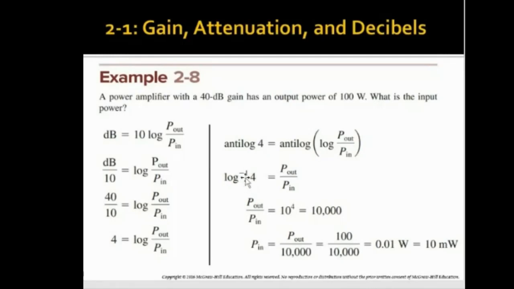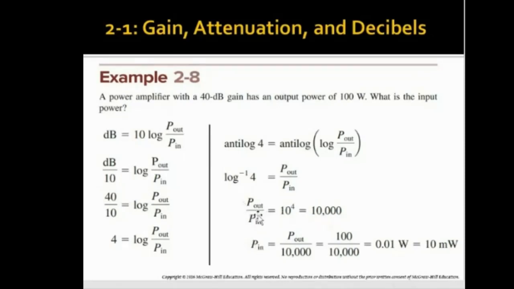Log inverse of 4 means 10 raised to the power of 4. So our P out over P in is 10 to the power of 4, which is 10,000.